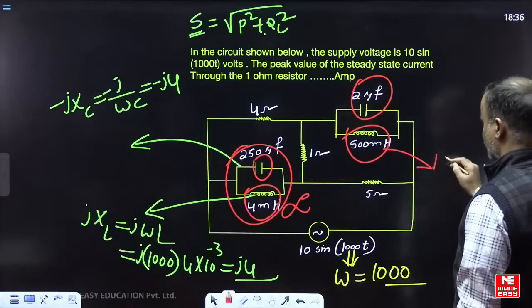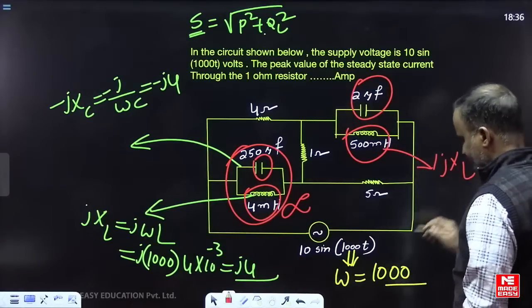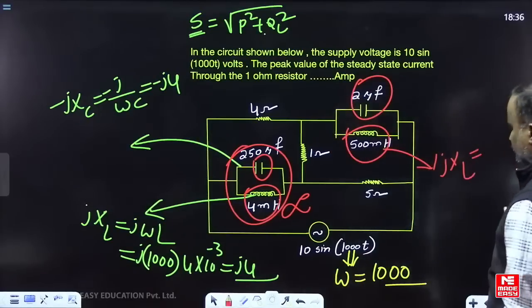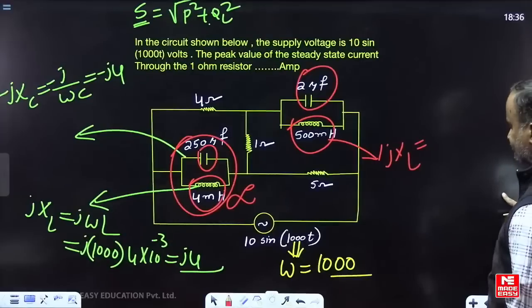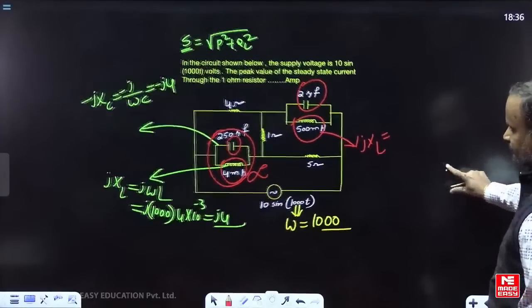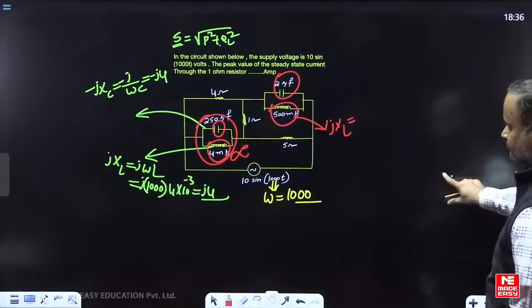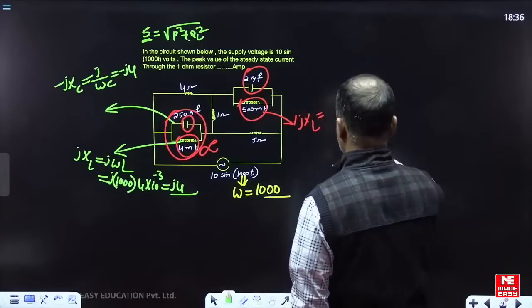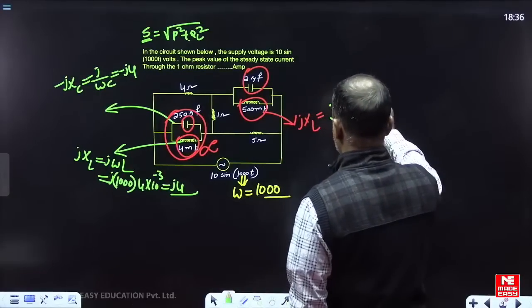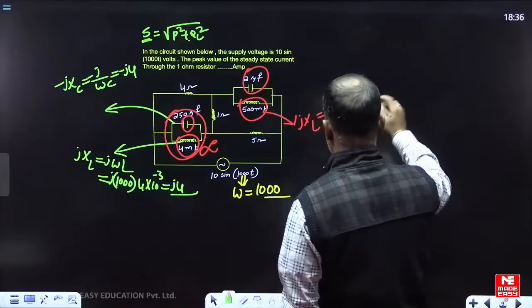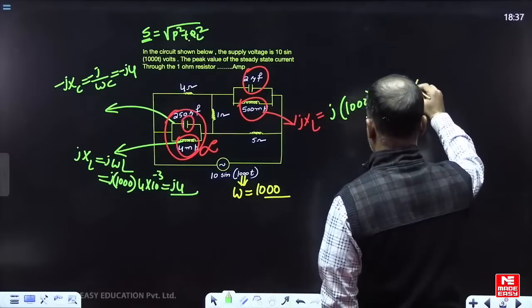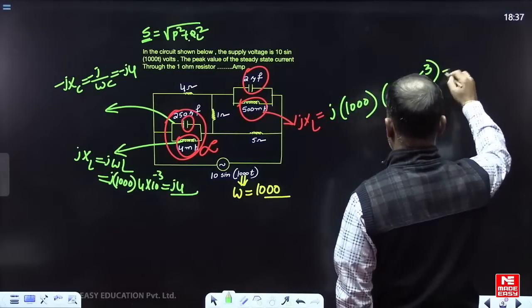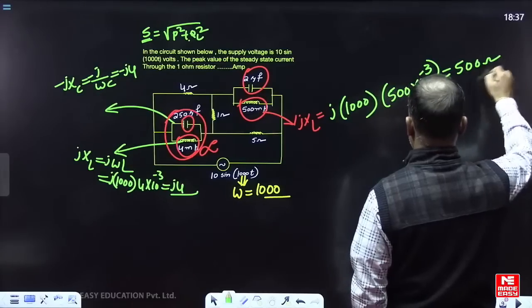In this one again, can you find the respective inductive reactance? Omega is 1000. What about the L value? It is given as 500 millihenry. If you simplify, what is the answer for this one? 500 ohms.